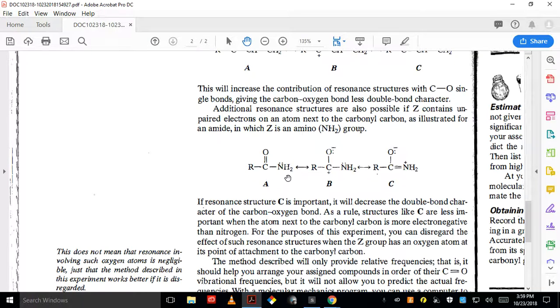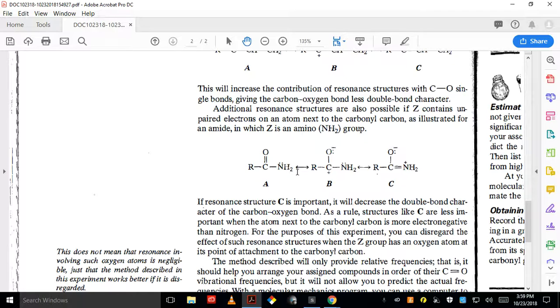So things with just a CH3 group or a long carbon chain here would give you, for example, ketones.